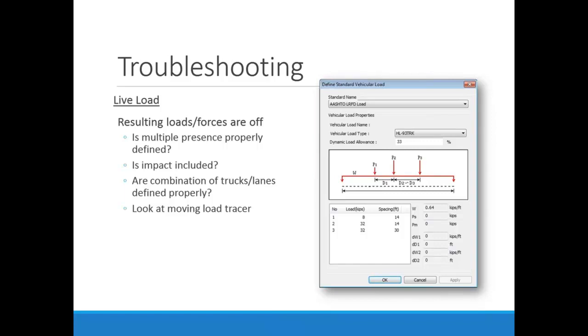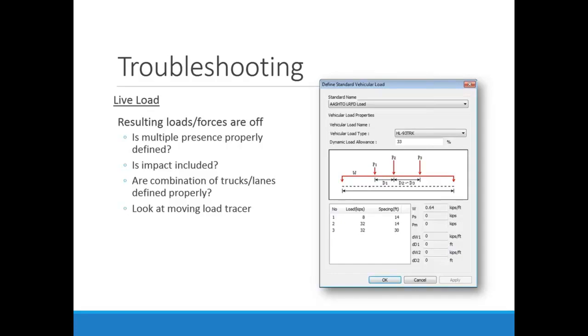Okay, so issues you might run into for live load. You might find that the forces you're getting don't seem quite right based on your hand calculations. A couple of things: check was your multiple presence defined properly. It automatically is in the program when you define a moving load, but you can also manually change that.